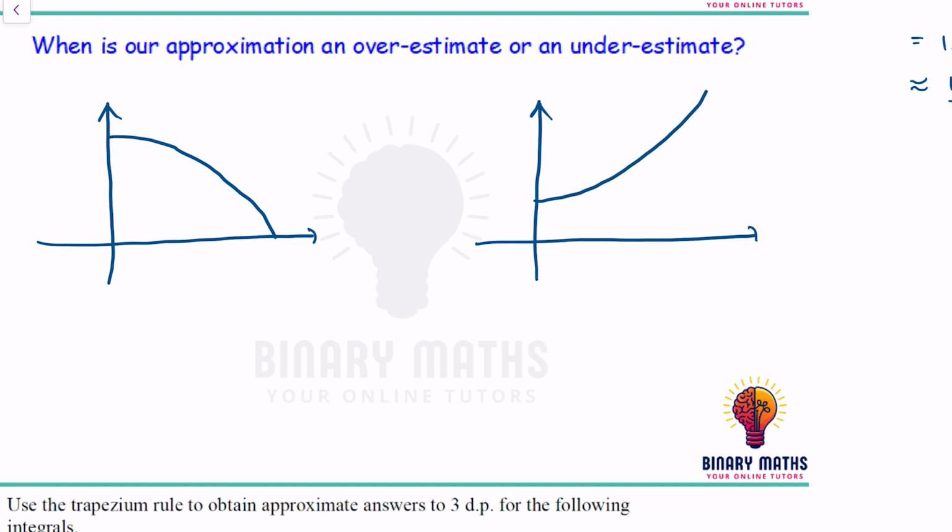If we were to split it up into trapeziums, what you realize is your trapeziums are below the curve for this one. And when you split up functions that look like this, you realize your trapezium is slightly above because your curve is curving downwards, yeah?